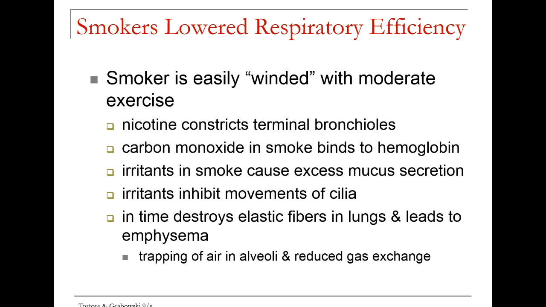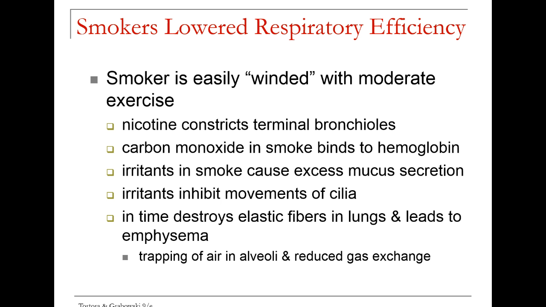Tobacco smoke contains nicotine. If you remember back from our overview of the autonomic nervous system, there are what we call nicotinic receptors. Those are found in the terminal bronchioles, and they will constrict the bronchioles. So just by smoking, you increase your airway resistance. It makes it harder to move air into and out of the lungs.